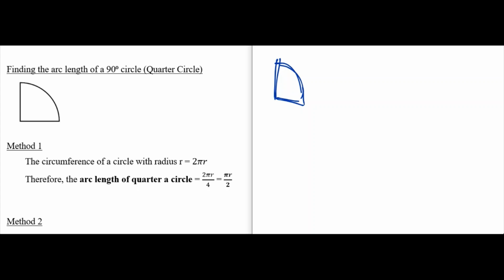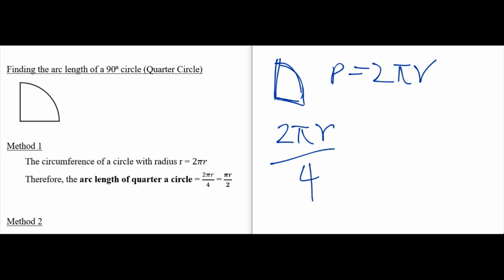For a full circle, the way we find the perimeter is 2 pi r. Then how we calculate the arc length for a quarter of a circle is 2 pi r divided by 4, since a quarter is 1/4 of a circle. So we can cut off this 2, and what remains is pi r over 2. So that is one method.